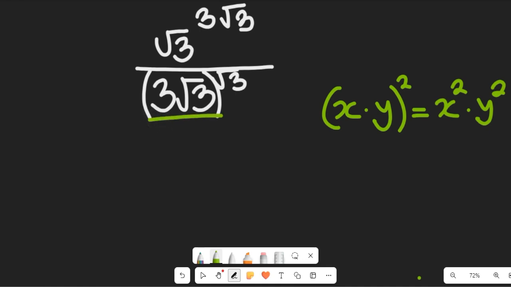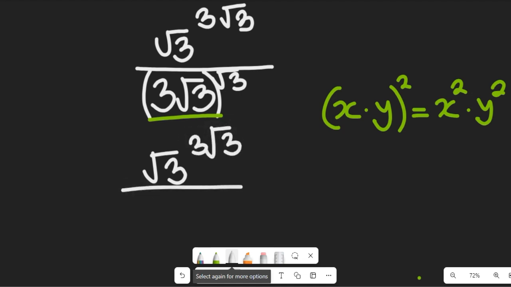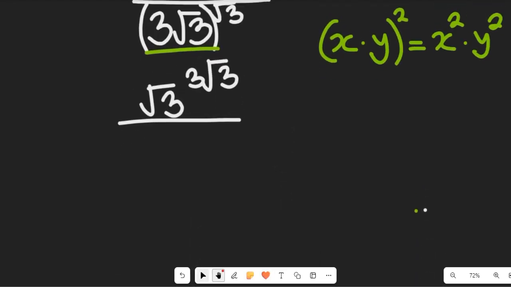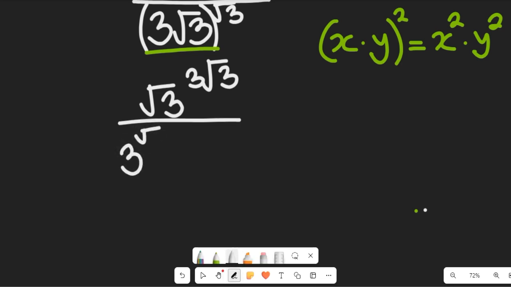If I apply that to that expression, that whole expression will now give me the square root of 3 to the power of 3 root 3, right? And all of these will be divided by that expression, which will now be what? 3 to the power of root 3, right? Multiplied by root 3 to the power of root 3. And this expression will give me a value.